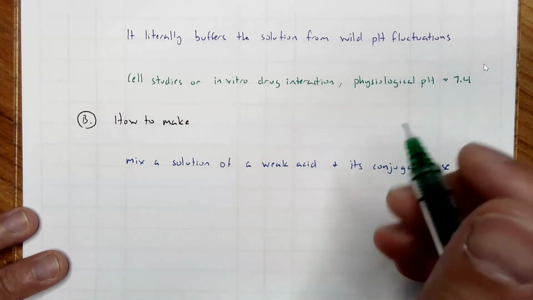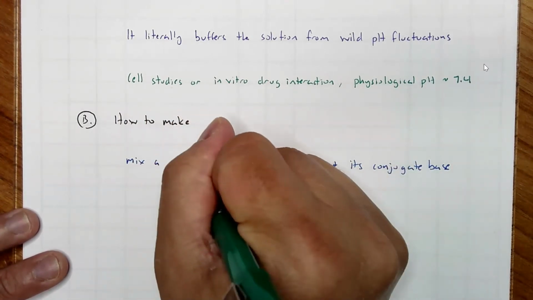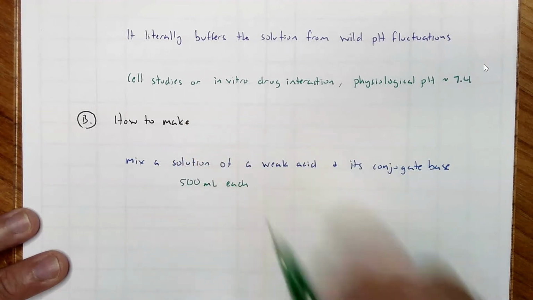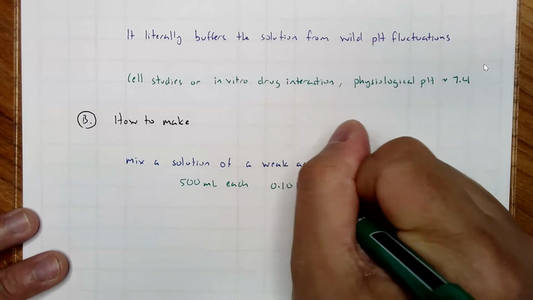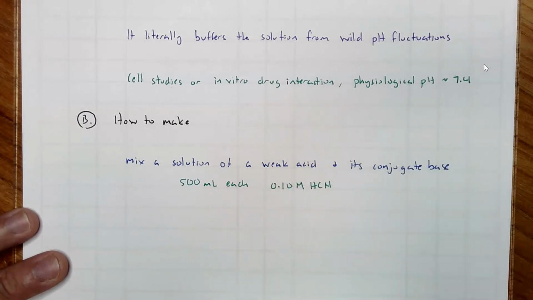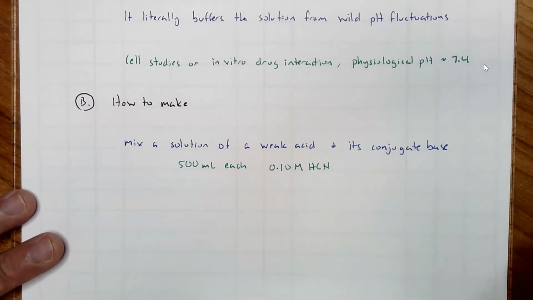Let's take this weak acid. Maybe we have 500 milliliters of each, and we're going to mix them, 0.10 molar HCN. And then what is its conjugate base? Its conjugate base is CN minus.